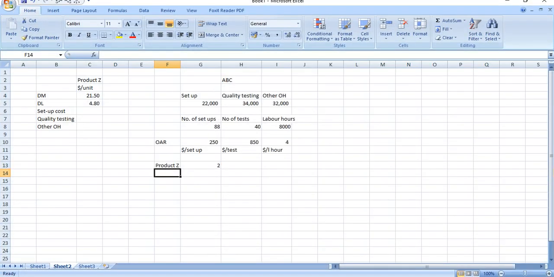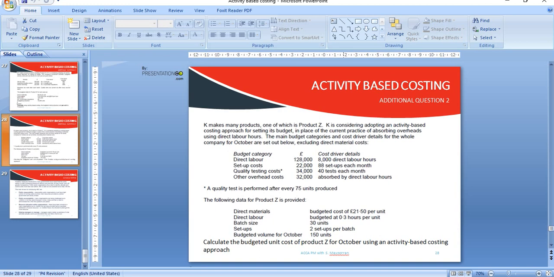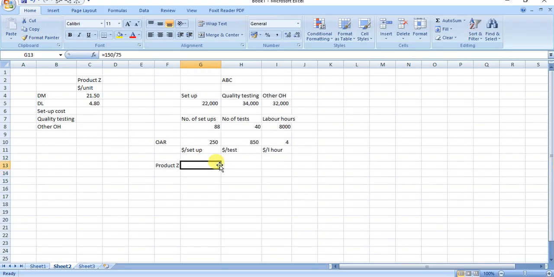Wait, first one is setup. What is setup? They say batch size 30 units and 2 setups per batch. That's how we can find the setups. Hold on. Delete it. Right. They are making 150 units, divide by 30, this should give you the number of batches. That is actually 5 batches.